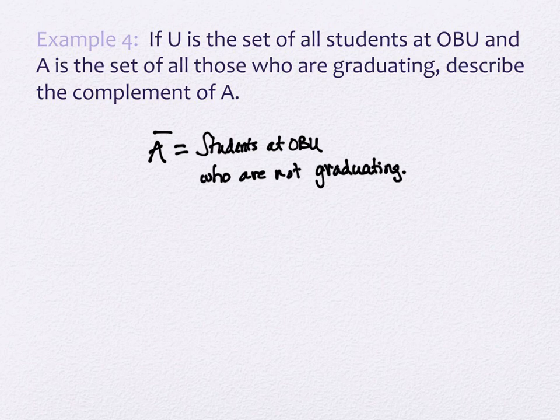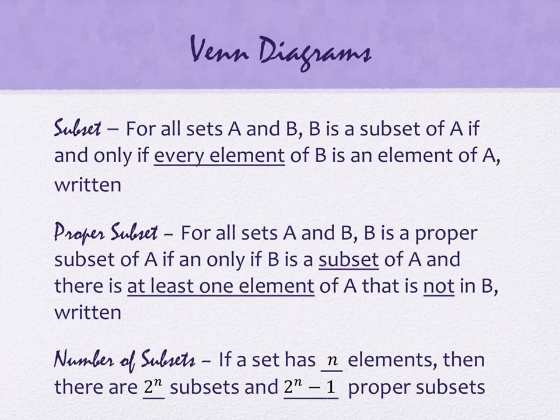Now, you can also take some sort of a descriptor, and you can define even more, like narrowly define it further, right? And so when you do that, you create something called a subset. So for all sets A and B, we would say that B is a subset of A if and only if every element of B is an element of A. And the way that we write that is it looks kind of like a U on its side, or kind of like a squished C, right?